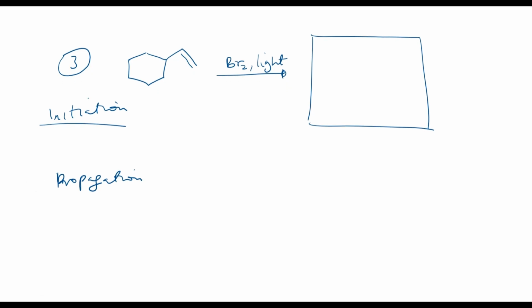For this question, since this reaction is taking place under light condition, we would have radical mechanism. And radical mechanism is in three steps. We have initiation step, propagation step, and termination step. The products are usually formed in the propagation step.